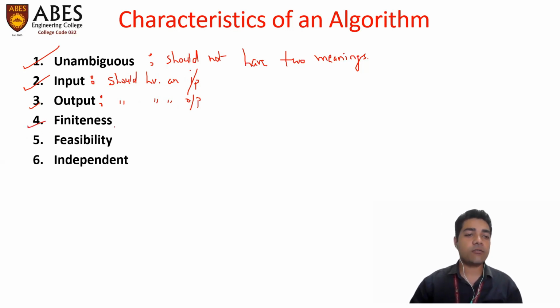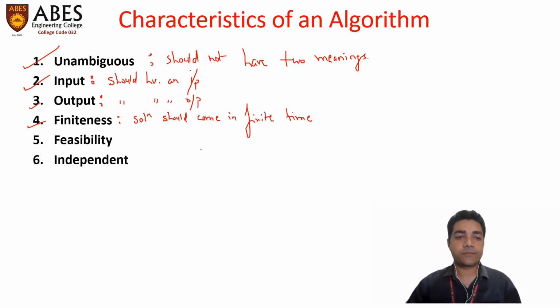Then there is something called finiteness. Now, whenever we write an algorithm, we should always keep in mind that the solution should come to us in finite time. It should not go infinitely.